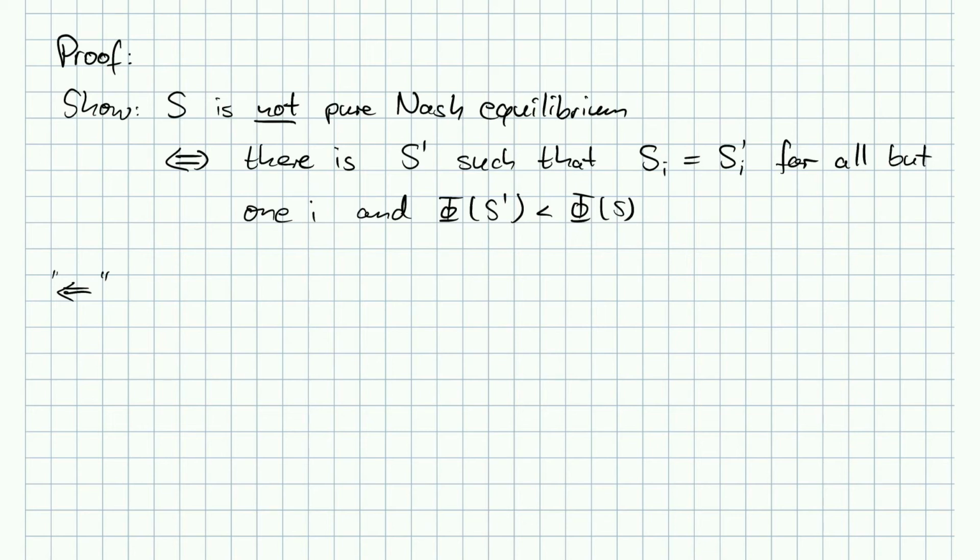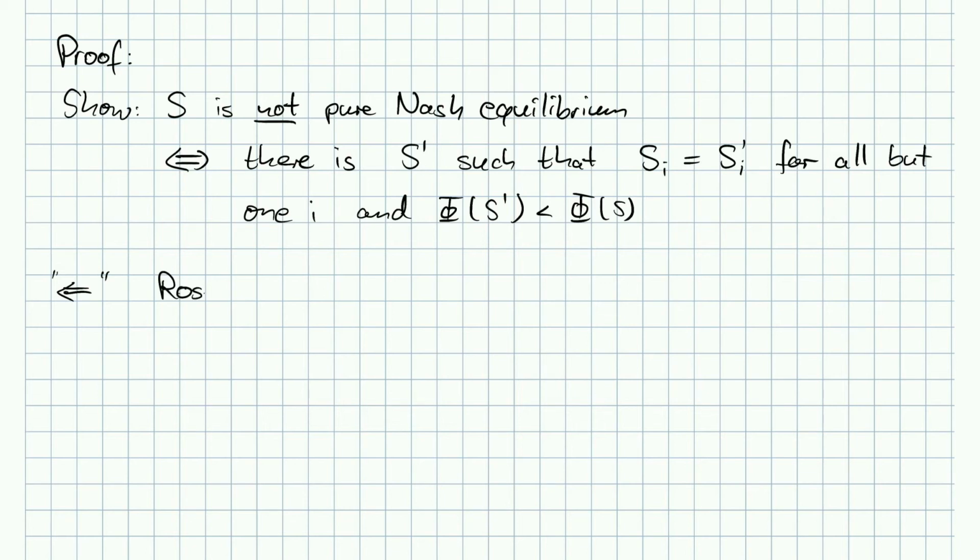Let's recall what we know about the Rosenthal potential. We know that if the states S and S' differ in only one component, then this exactly corresponds to the cost difference of the one player changing the strategy. This is what we proved in the first lecture.